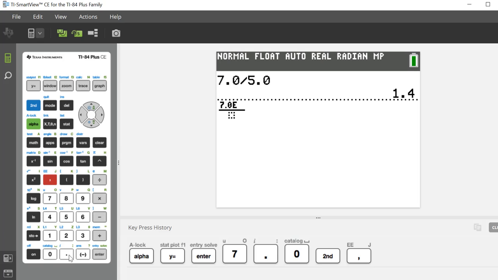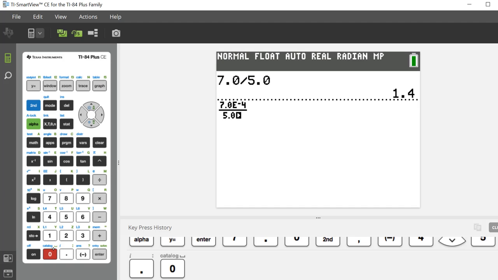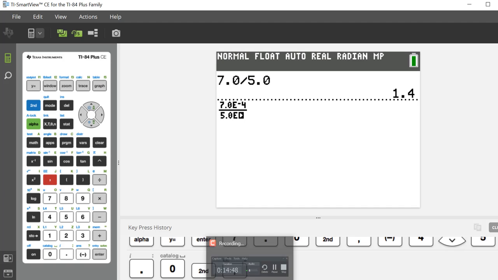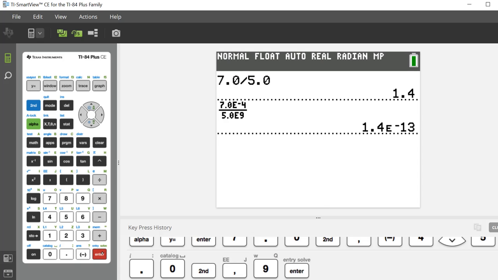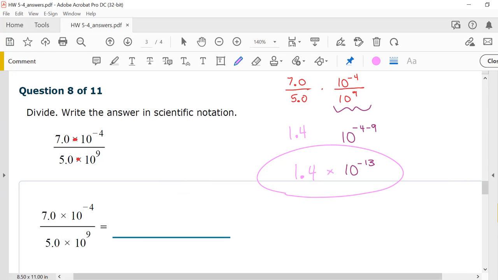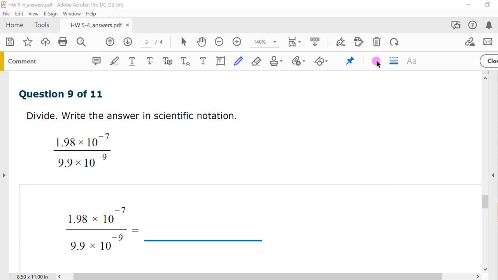Yeah, negative 4 over 5.0 times 10 to the ninth. 1.4 times 10 to the negative 13th. All right, number 9.